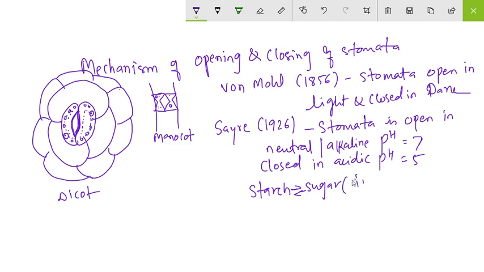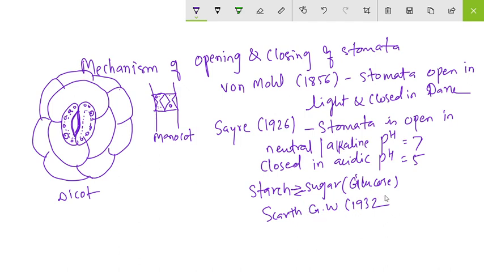Sugar means particularly glucose. Then the scientist Stark, G.W., in 1932, elaborated this starch-sugar interconversion theory.